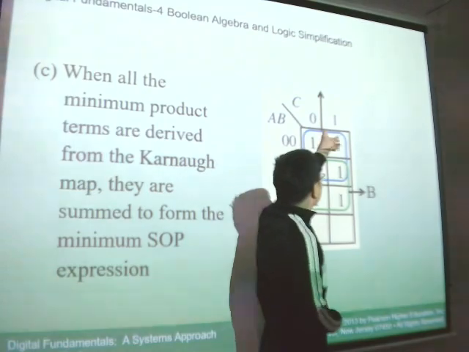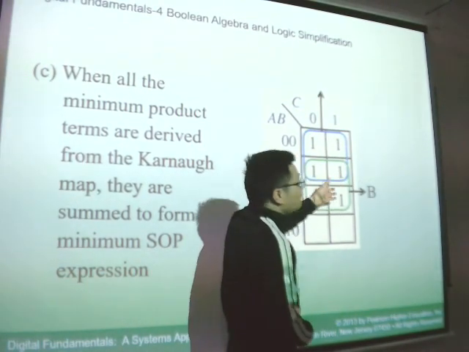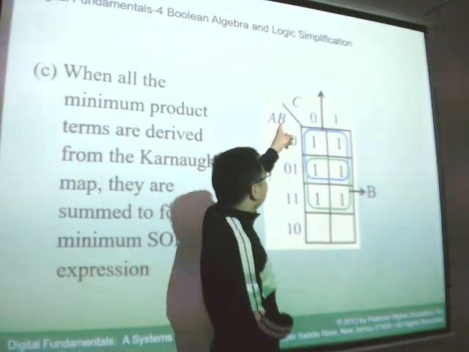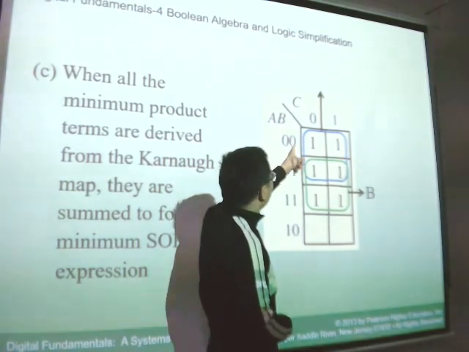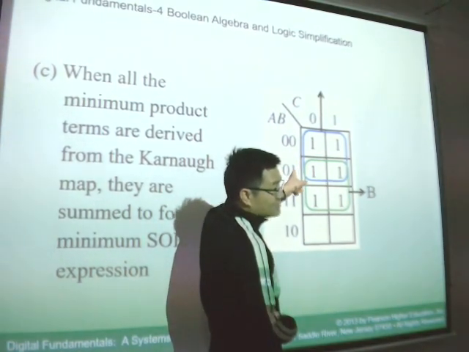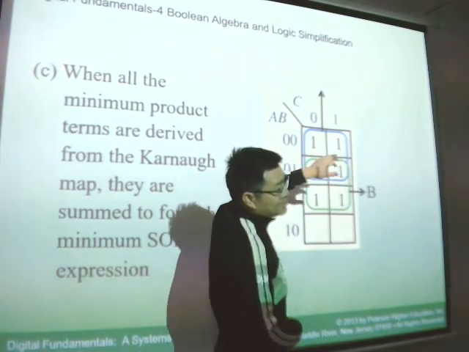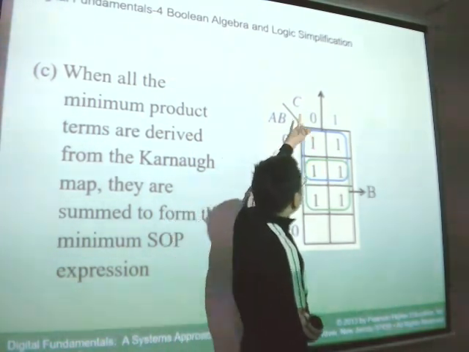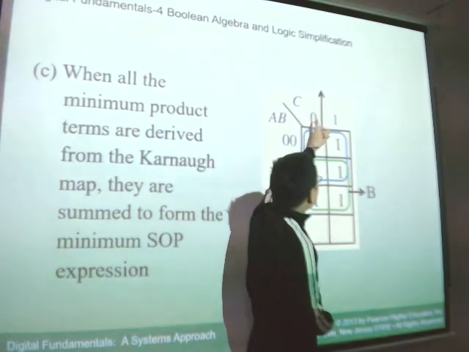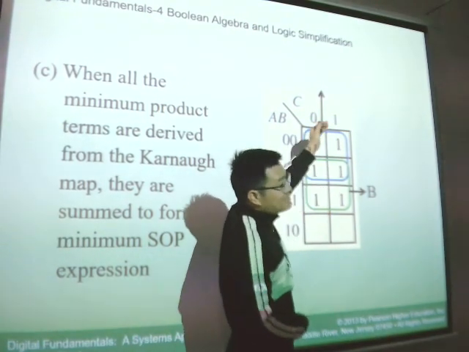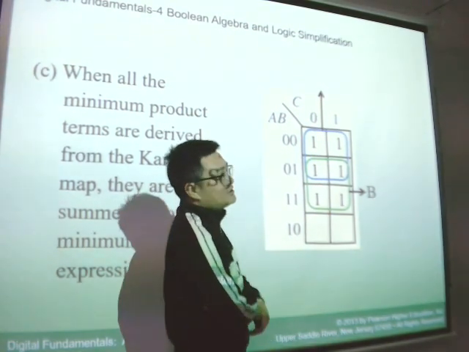For this group, do you find that B occurs with 0 and 1? The same. So the variable B must be eliminated. And C also occurs with 0 and 1, so C must be eliminated.